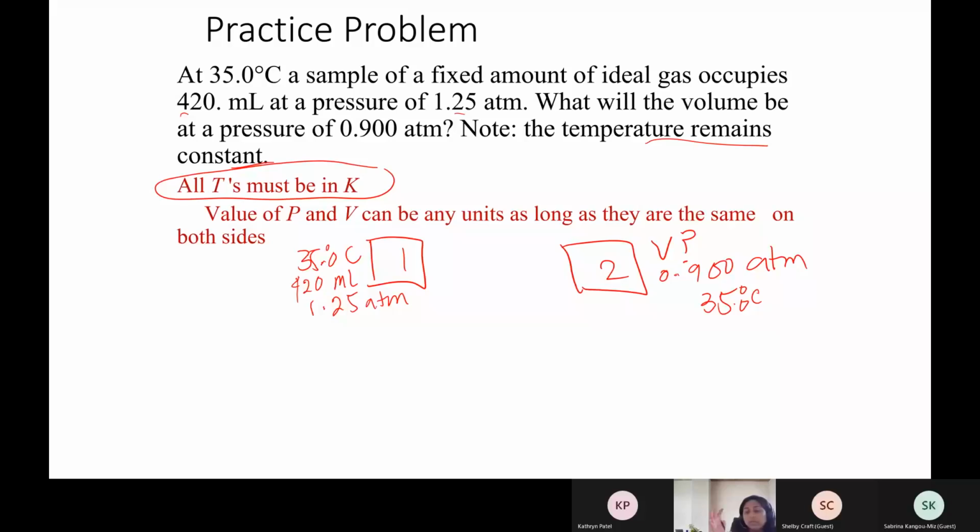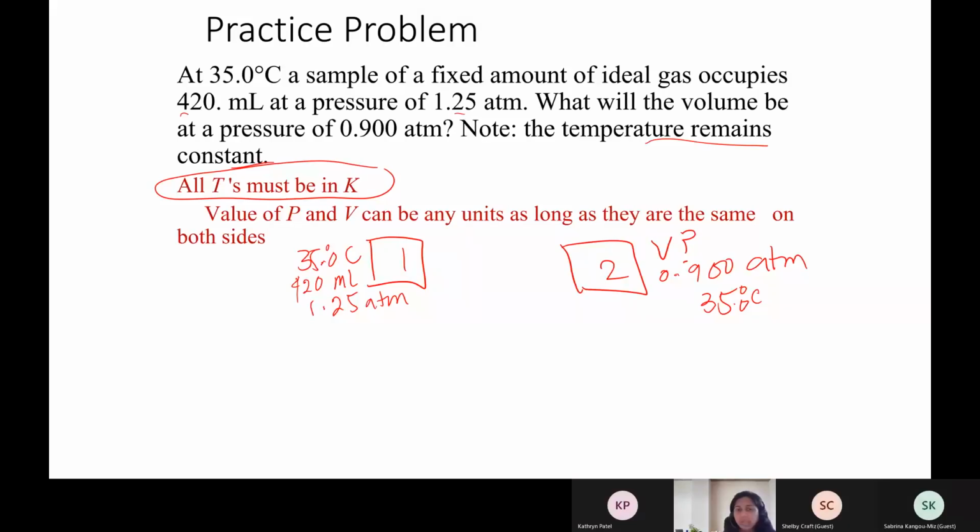When you illustrate your data, or when you make a picture and put this data into it, you will clearly see which parameter is missing in this picture. Okay, so now the temperature is kept constant.